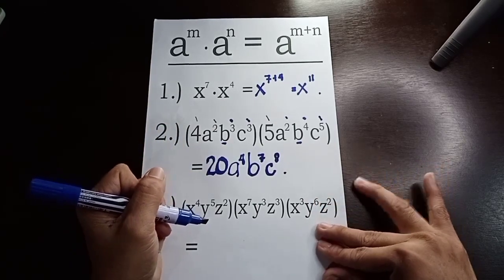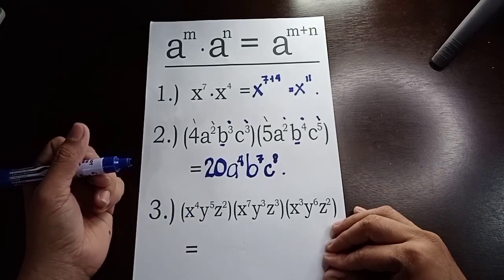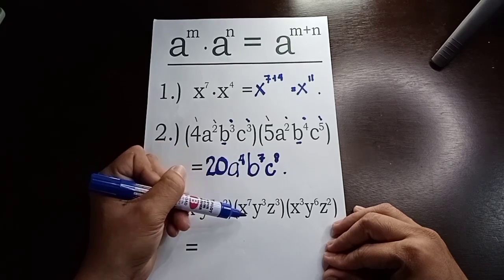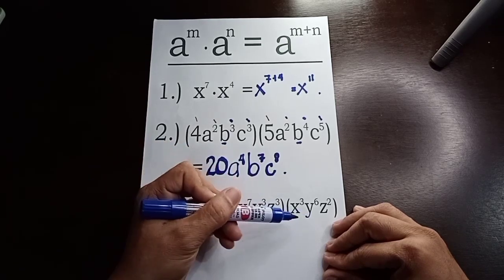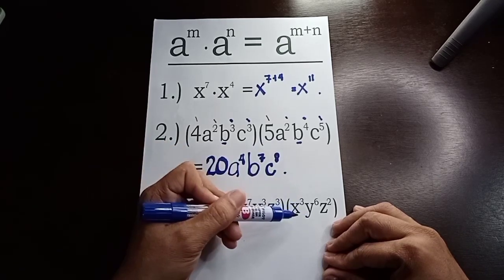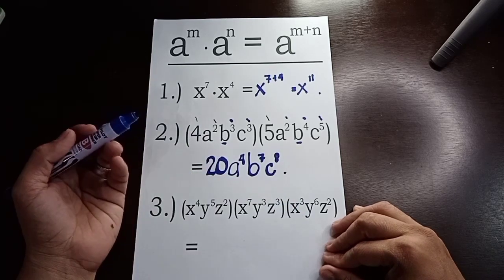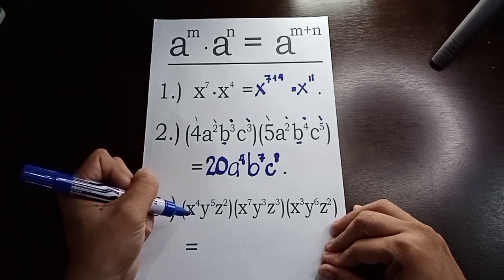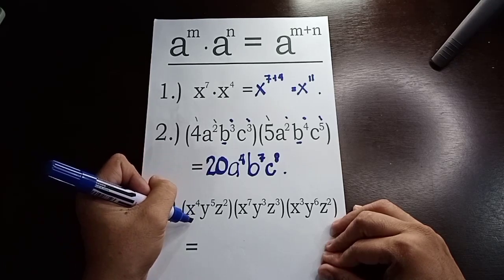And example number 3, so mayroon tayong variable na x, y, and z, x, y, and z, and in the third parenthesis, x, y, and z. So again, titingnan natin yung first variable natin, x.